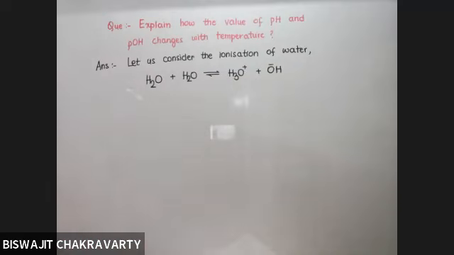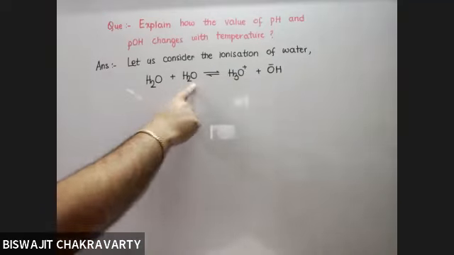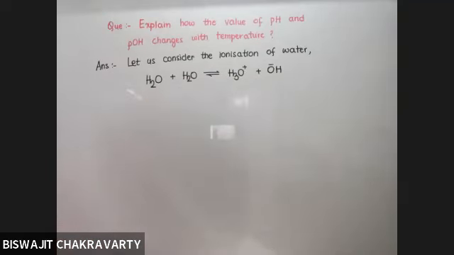Now, can anybody tell me this breaking down of water to give H plus and OH minus is an endothermic process or exothermic process? Endothermic. Why do you think so?